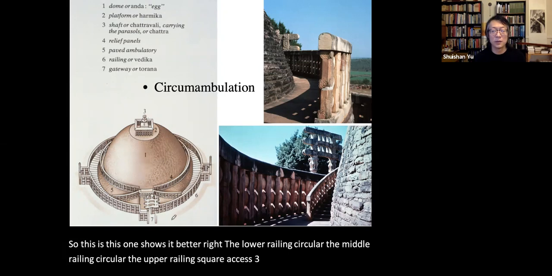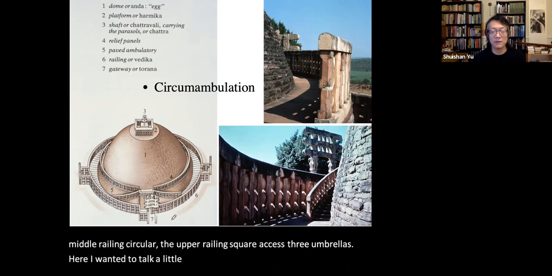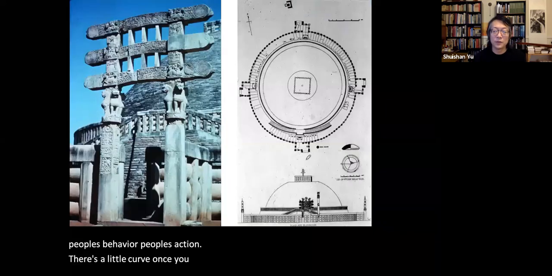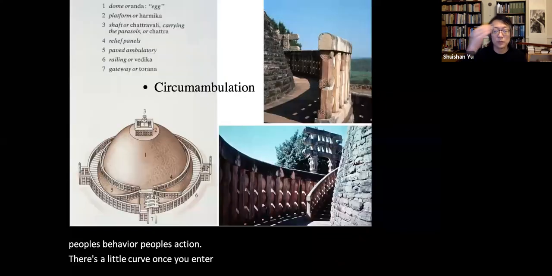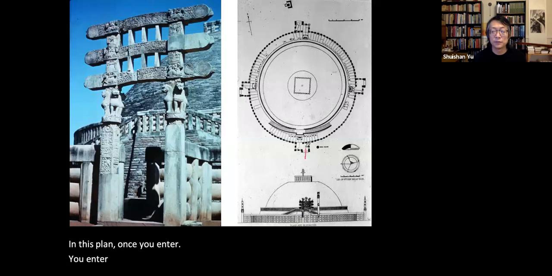Right? Here, I wanted to talk a little about how the physical environment regulates people's behavior, people's actions. There's a little curve once you enter this plan. Once you enter the space, you do not have direct access to that circumambulation.